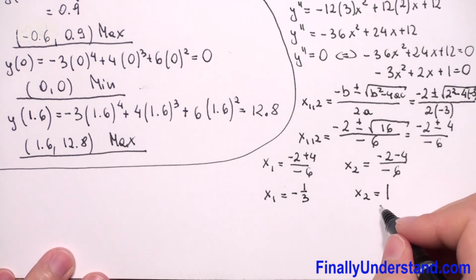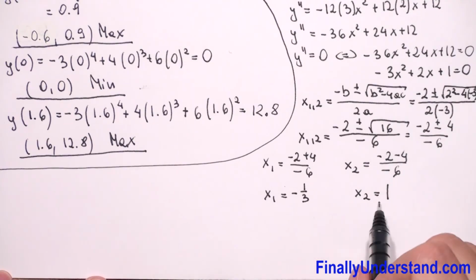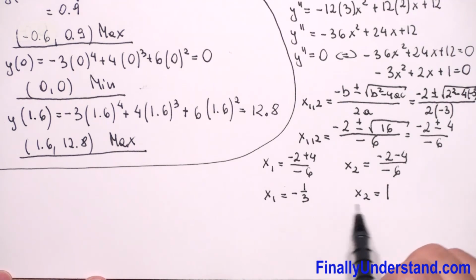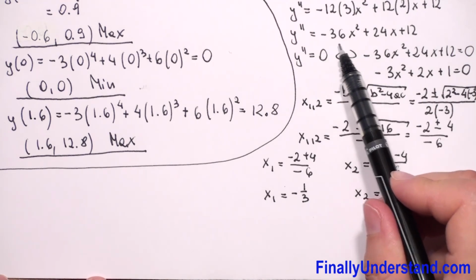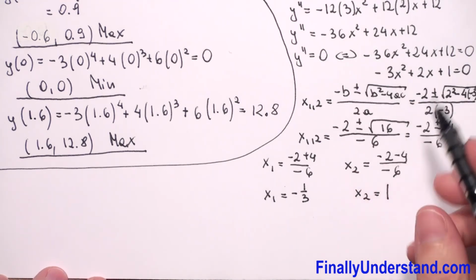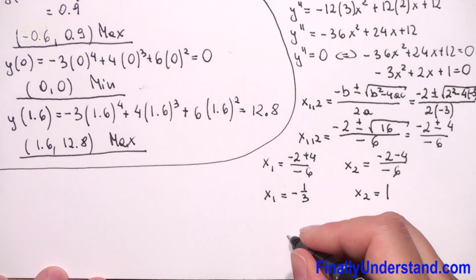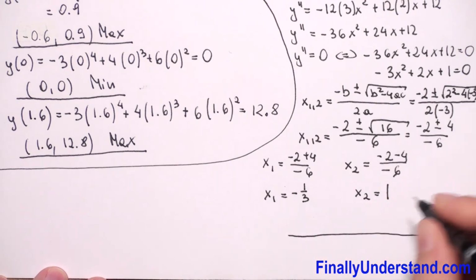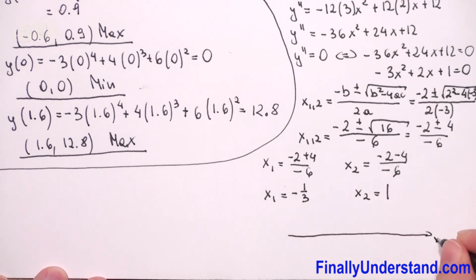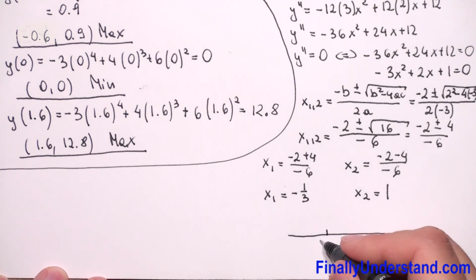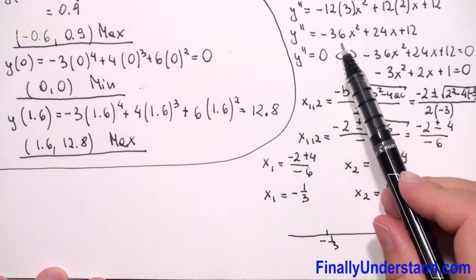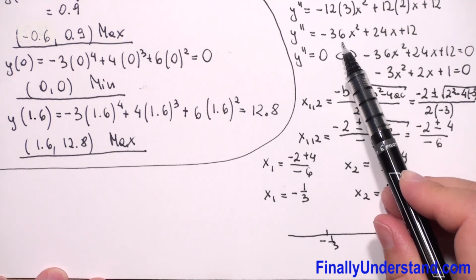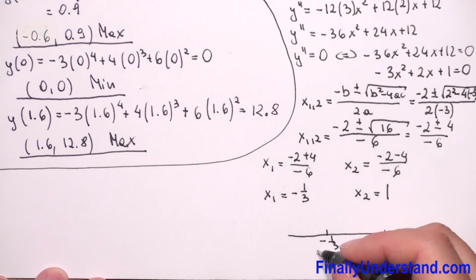So we have two roots. To check if we have inflection points for these values, the easiest way is to draw the graph of our second derivative. We have a quadratic function. We found the roots: negative 1/3 and 1. The parabola opens downward because we have a negative coefficient before x squared.